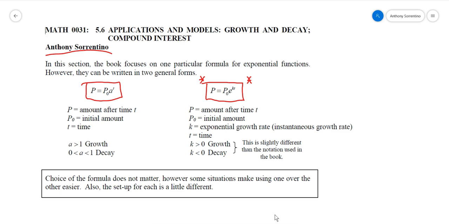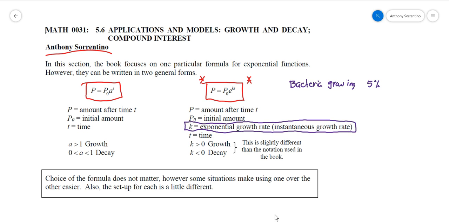That's because of what they define this to be: the exponential growth rate, an instantaneous growth rate. But basically, if a textbook says you have bacteria growing at a rate of 5% per hour, say, as long as you let your t be in terms of hours, you're good.